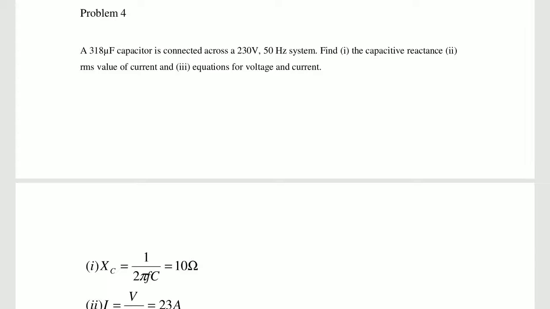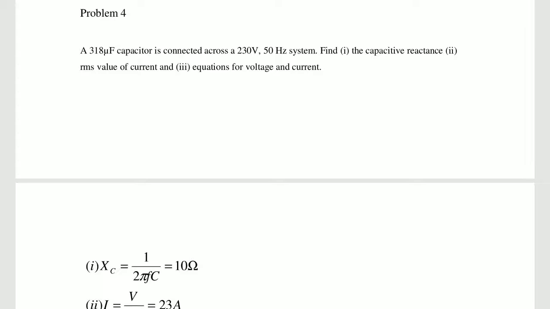Here frequency is 50 Hz and the capacitor value is 318 microfarad, that means 318 times 10 to the power of minus 6 farad, since micro is 10 to the power of minus 6.